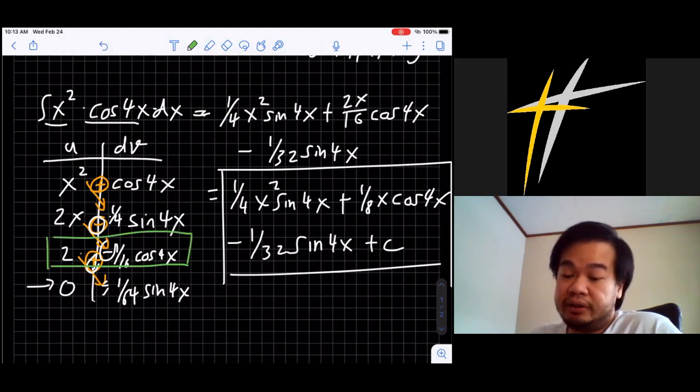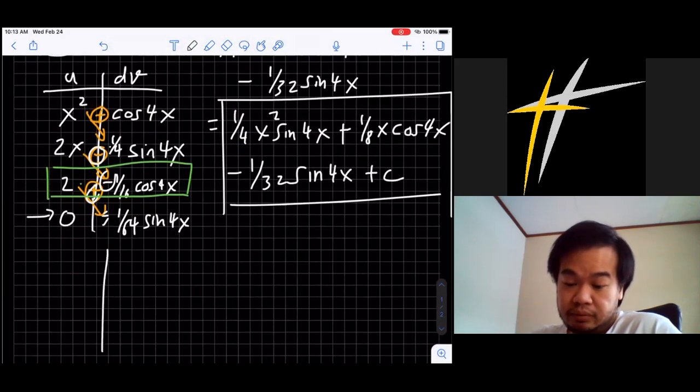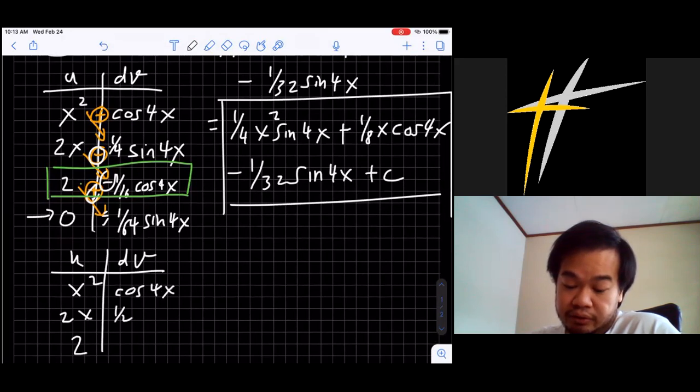I will recreate the table so it's easier to see. u and dv: x squared, 2x, and 2, and here is cos 4x, 1 over 4 sine 4x, and then negative 1 over 16 cos 4x.